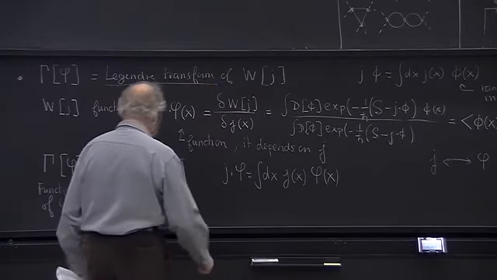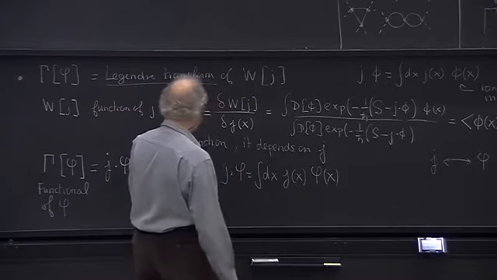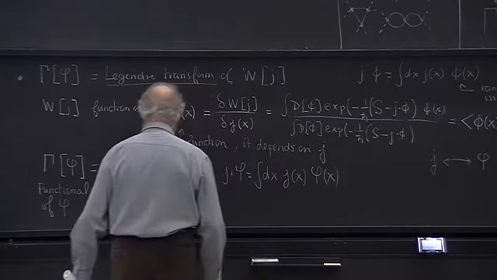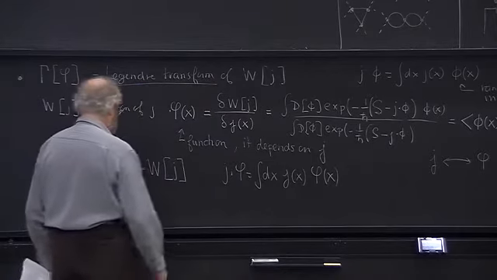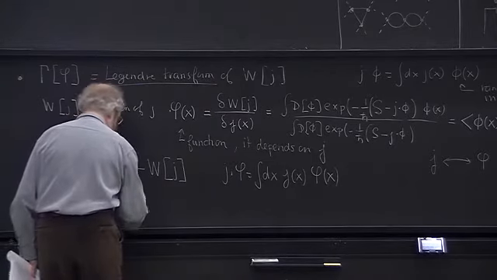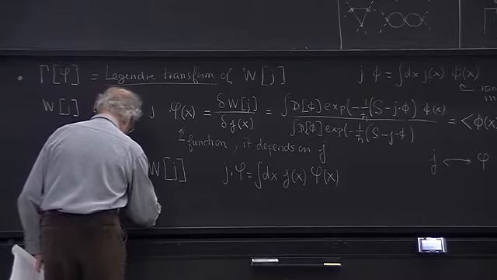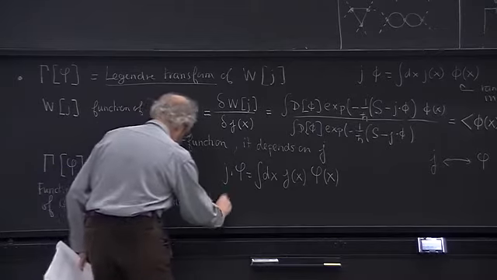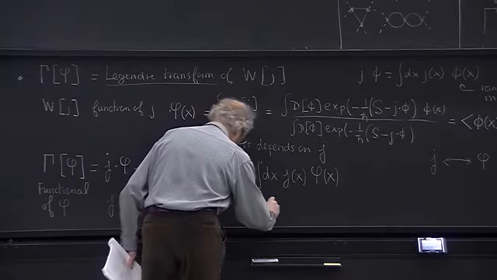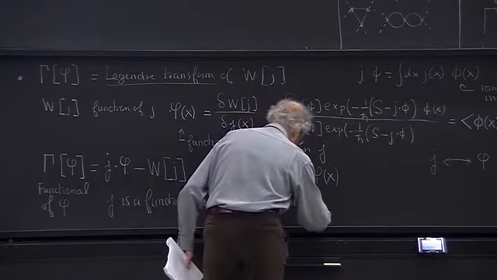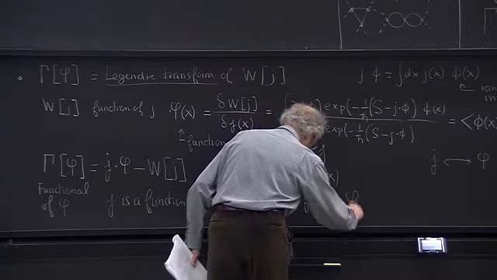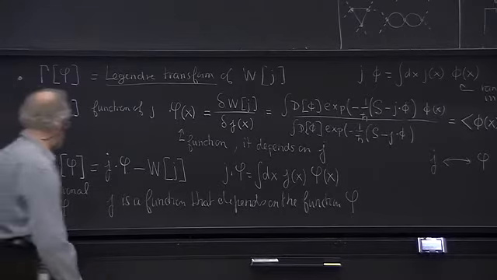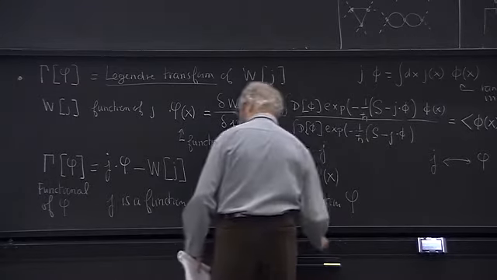But you consider G of phi: now instead of considering that phi is a function that depends on G, I consider in this expression that G is a function that depends on the function phi. Okay? So we make this change of variable.